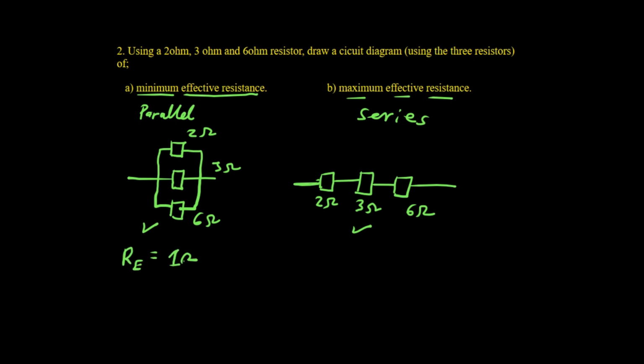You'll use the formula for resistors in parallel, but series will give us an RE of 11 ohms. As you can see clearly, 11 is greater than 1, and therefore series always gives us maximum and parallel always gives us minimum.